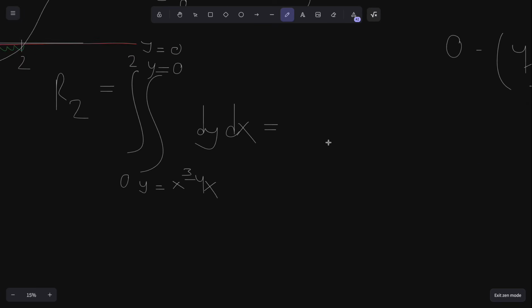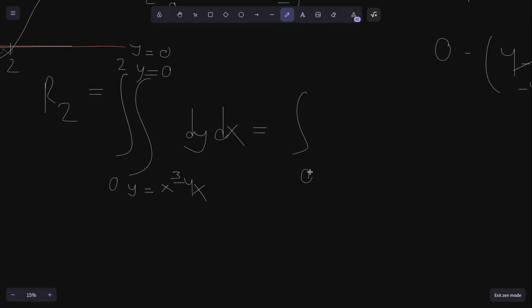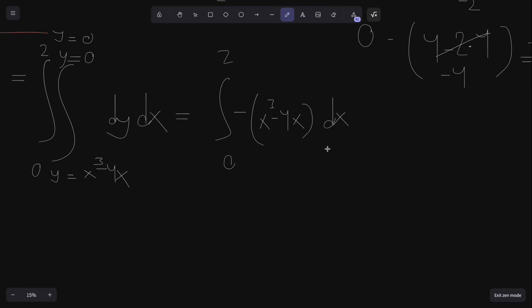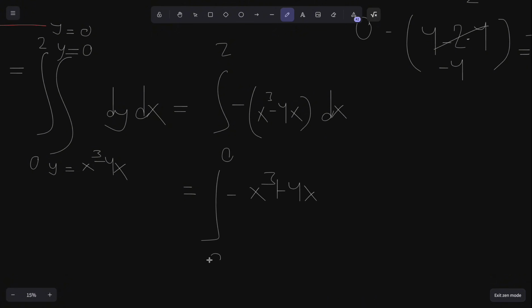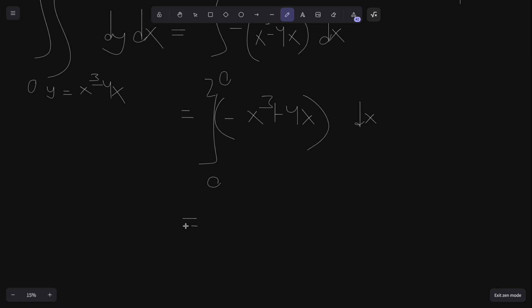For R2, this is the integral. I'm going to evaluate out the inner integral. So the inner integral is just going to be y, so you just plug in 0 into y, that's 0, minus, and then you plug in this into here, and you get x to the third minus 4x dx. And now this is just going to become negative x to the third plus 4x, and then the integral of that from 0 to 2 dx is going to be negative x to the 4 over 4.